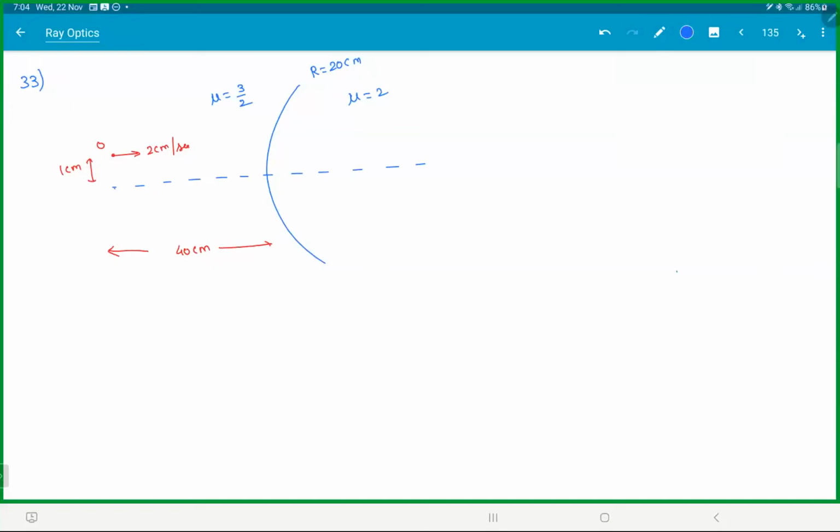Find the velocity of the image. We have done this in mirrors. This is the third case directly, the complicated one. The object is going above the principal axis.